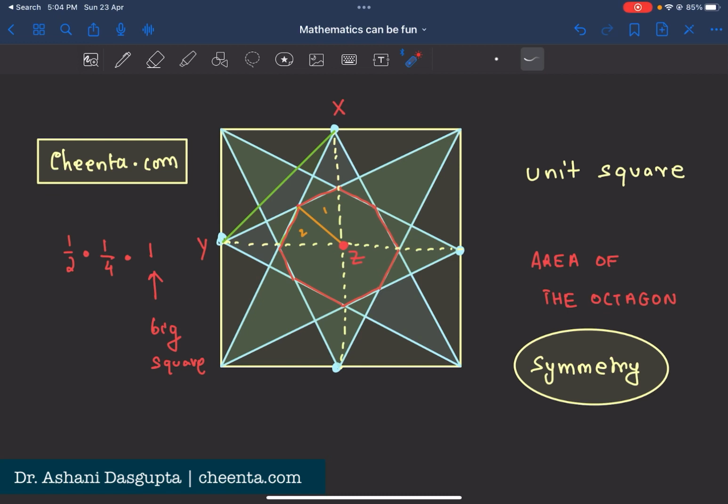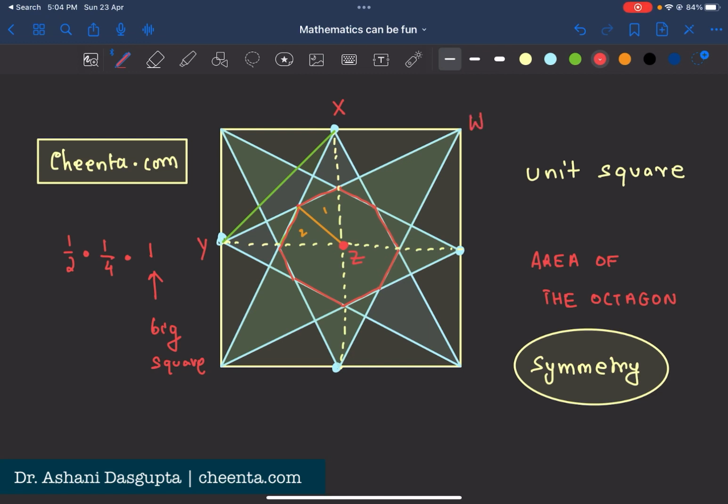Now, notice a very interesting thing: that this line is the median of XZ, or hits the midpoint of XZ. Why is that true? Well, there are a variety of ways of saying that, but one way to realize it is like this.